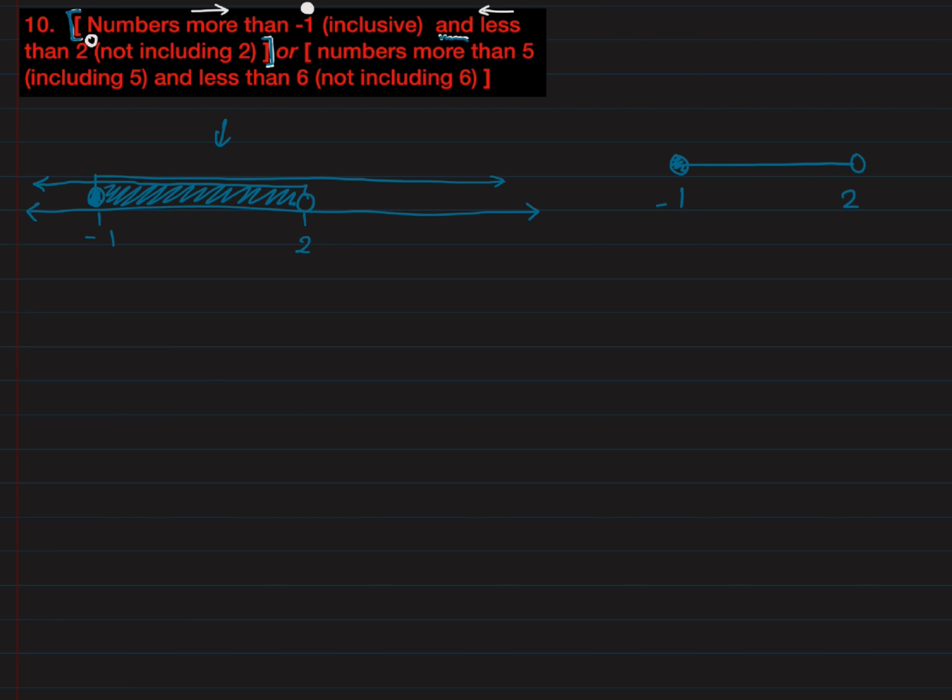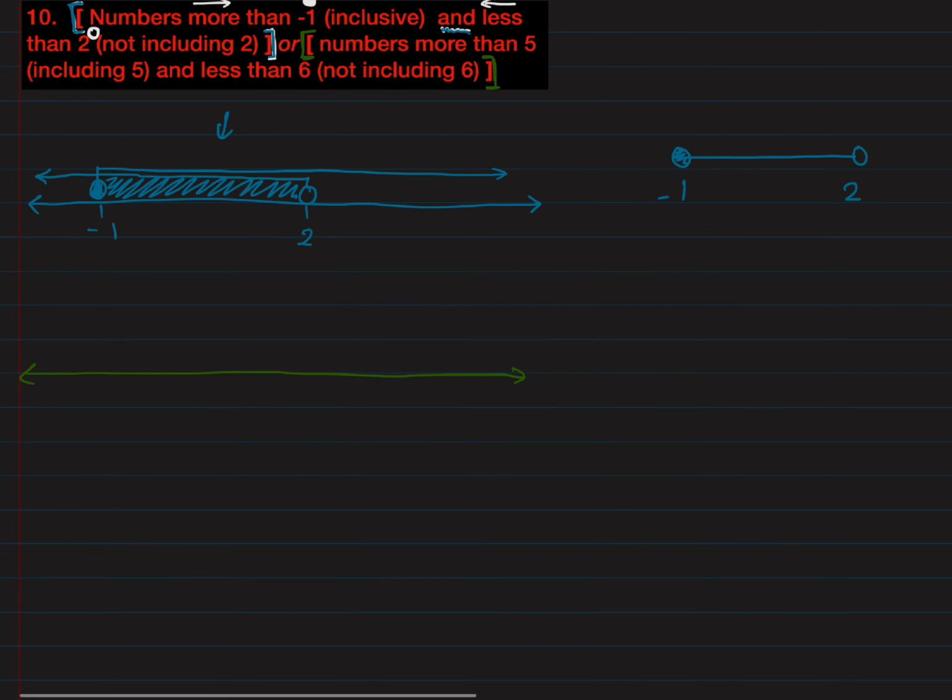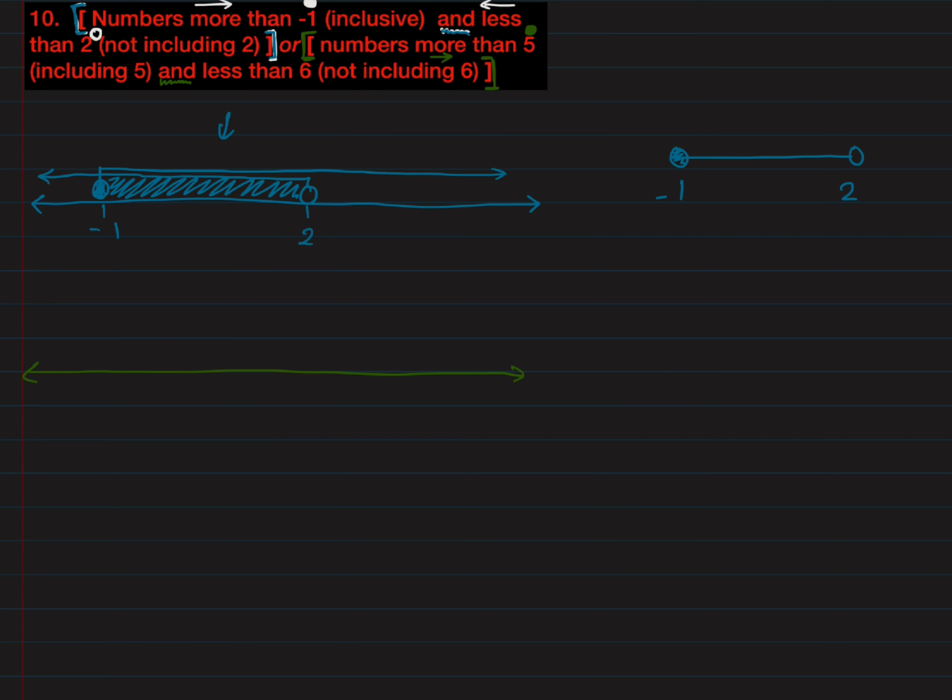Now for the second part, which is over here. We have another number line, and I'm just going to do the number line first this time. And let's look at what it says. It says numbers more than 5, so more than 5, and we're including 5. And we have an AND operator, less than 6, and we're not including 6 over here.